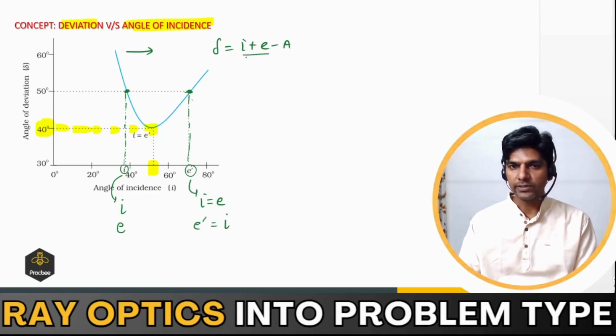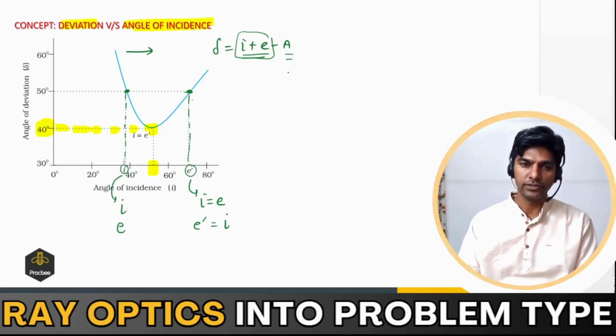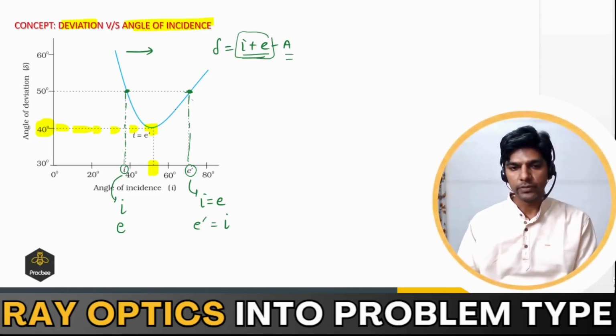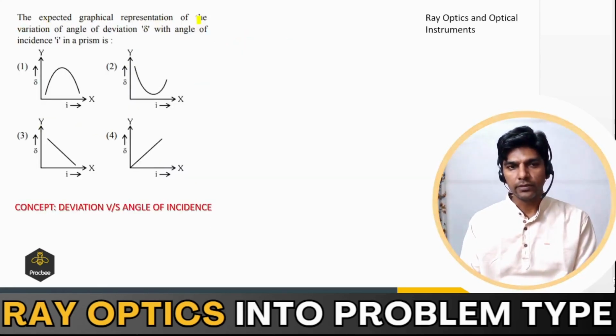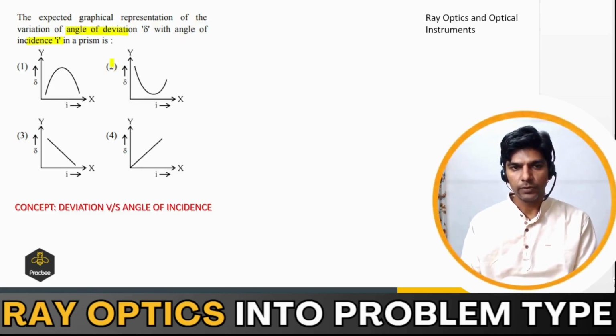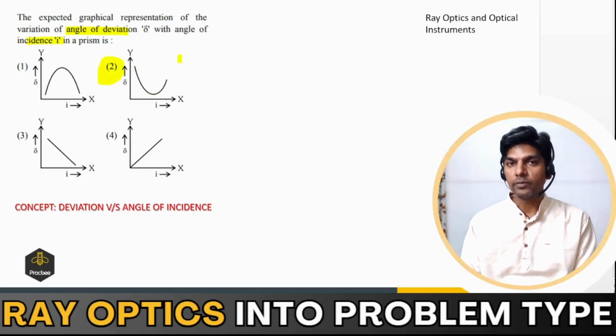Because the sum I plus E should be the same for the same deviation, because A is not changing. So that you have to remember, right? Now let us see the question based on this. The expected graph representing the variation of the angle of deviation with the angle of incidence, yes, we have just seen, it will be option number 2. And it is not a parabola, do remember that.